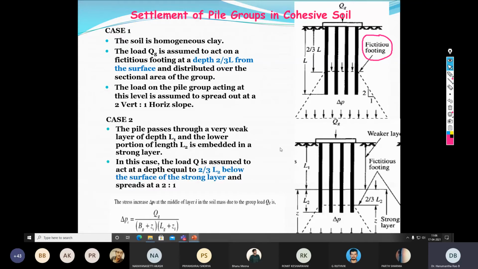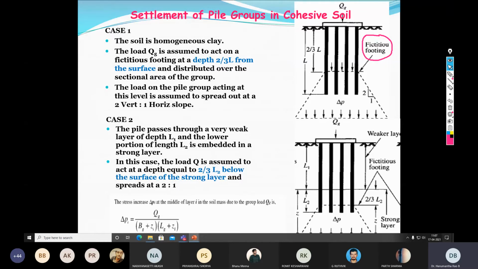Now let us assume another case, where a certain length of the pile, here it is L1, is passing through a weak soil layer. What do we mean by weak?